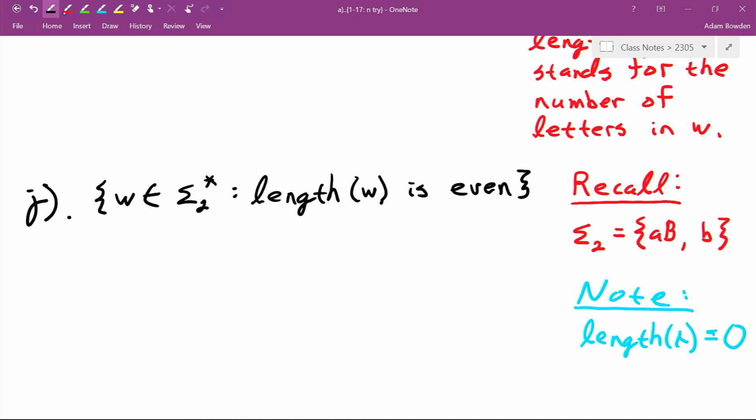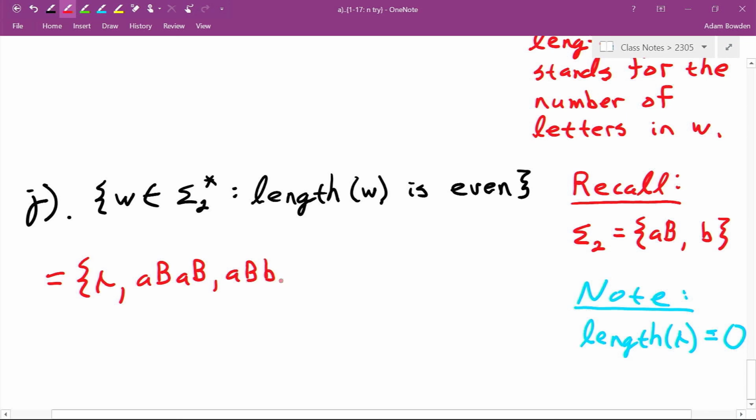So this set would contain, first off, lambda. It would also contain words of 2 letters. Examples would be like A capital B, also A capital B lowercase b, b followed by A capital B, and bb. These constitute length of the word being equal to 2.